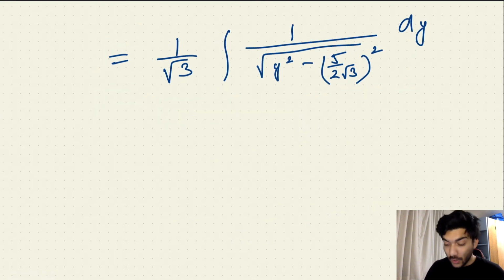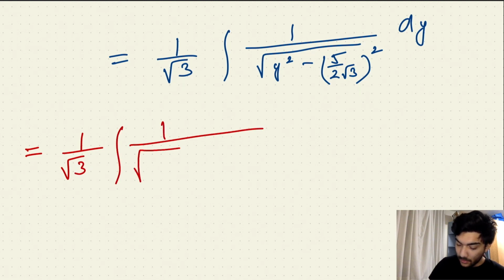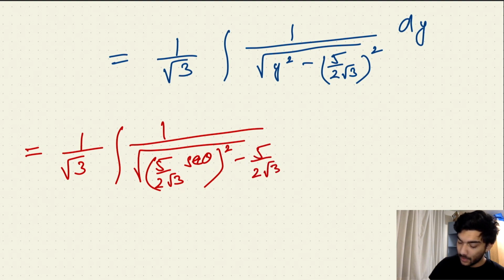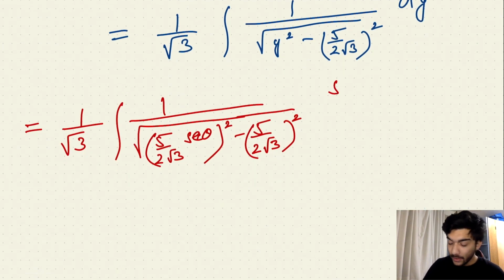And now after doing all the substitution, our final integral will become 1 by root 3 integral 1 upon square root (5 by 2 root 3 secant theta) whole square minus (5 by 2 root 3) whole square, and our dy is 5 by 2 root 3 secant theta tan theta d theta.